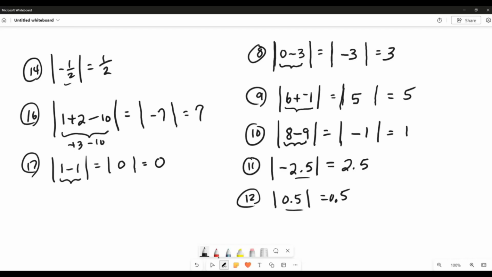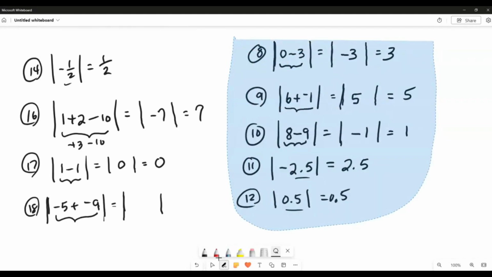All right, the last one, number 18, is the absolute value of -5 plus -9. So we have to clean up the inside first. -5 plus -9.